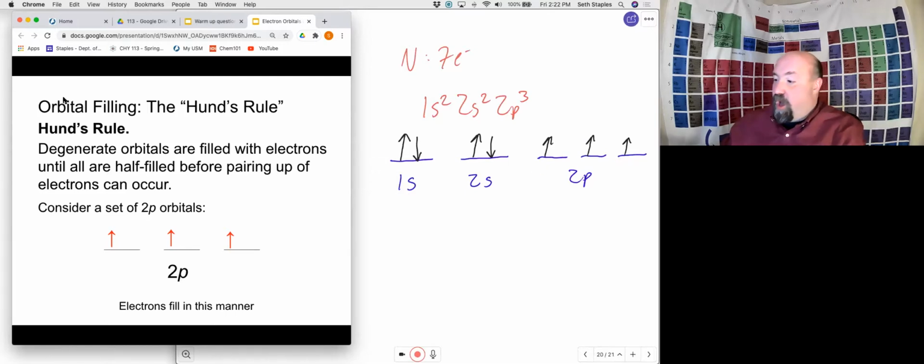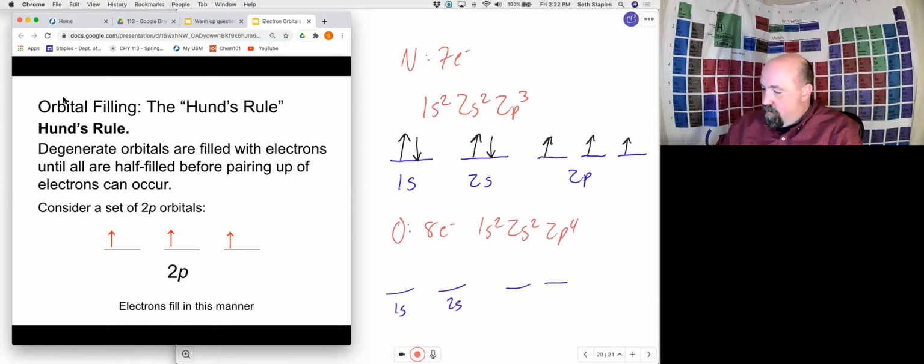If we moved on to oxygen, for instance, with its 8 electrons, 1s2, 2s2, 2p4. Now we're going to have 1s, 2s, then 2p 1, 2, 3.